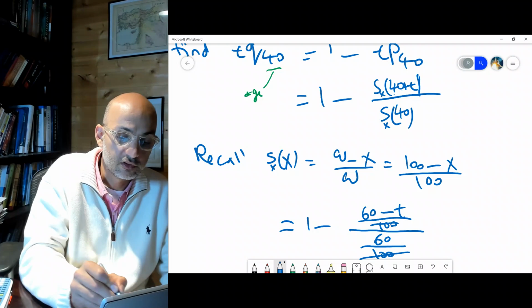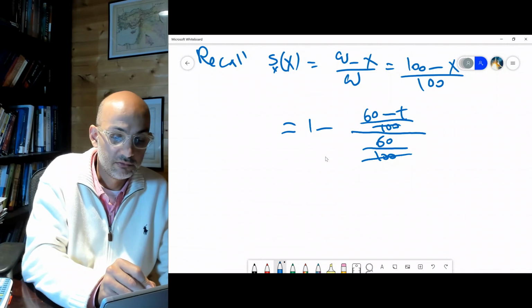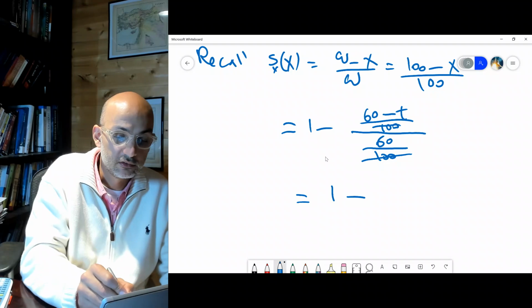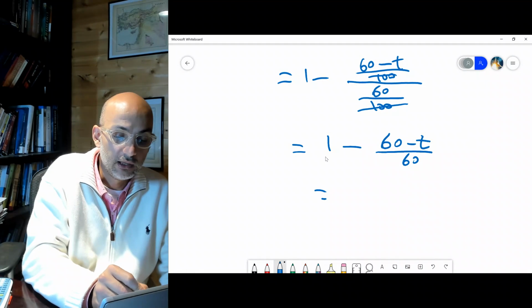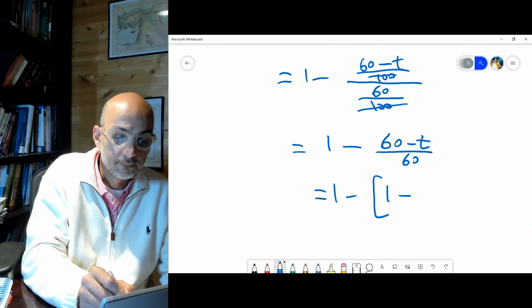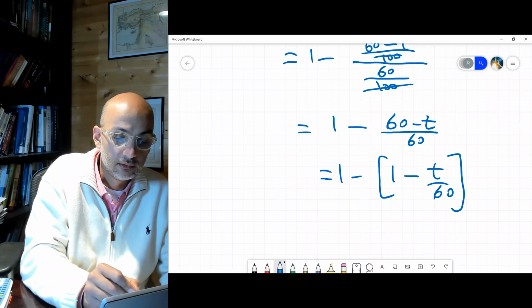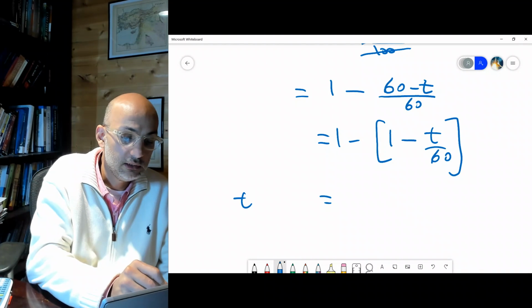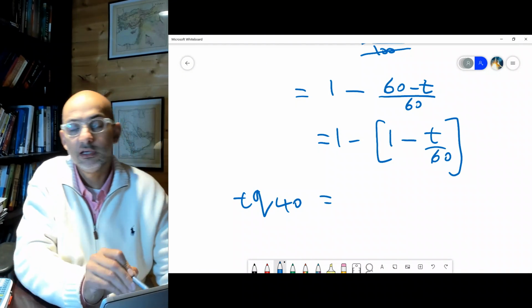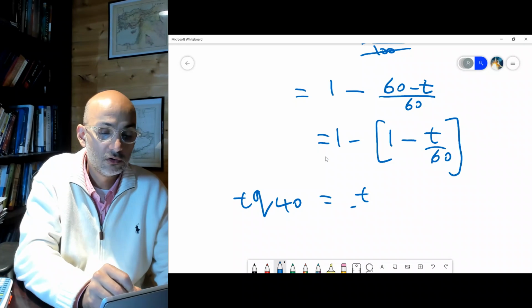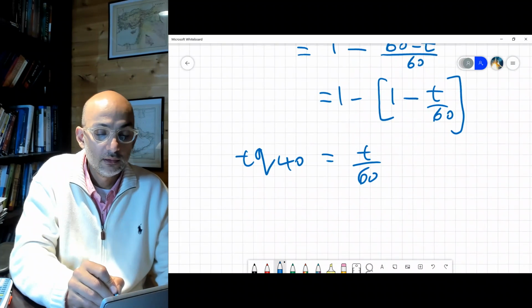These cancel out. So what you have is 1 minus 60 minus t divided by 60, which is t divided by 60. So TQ40 for uniform is t over 60.